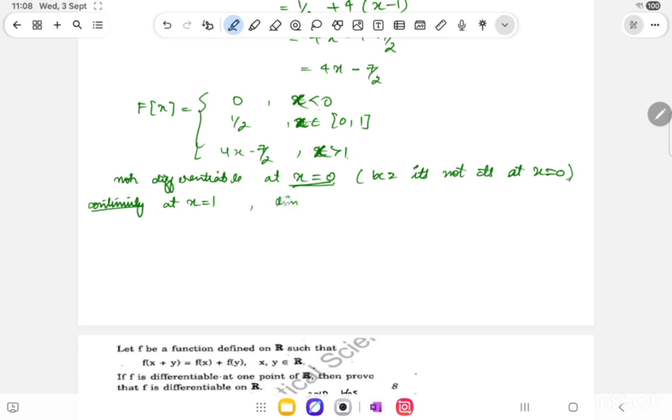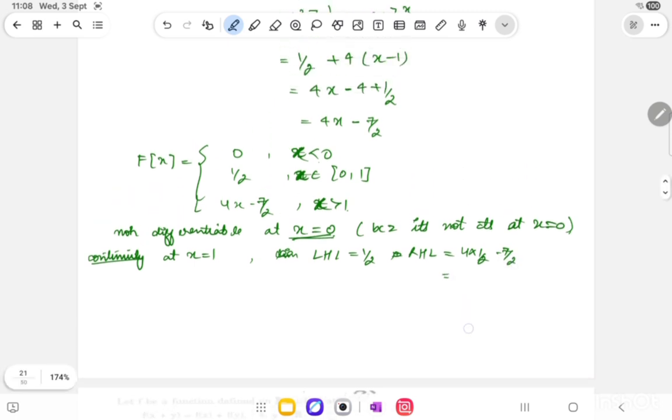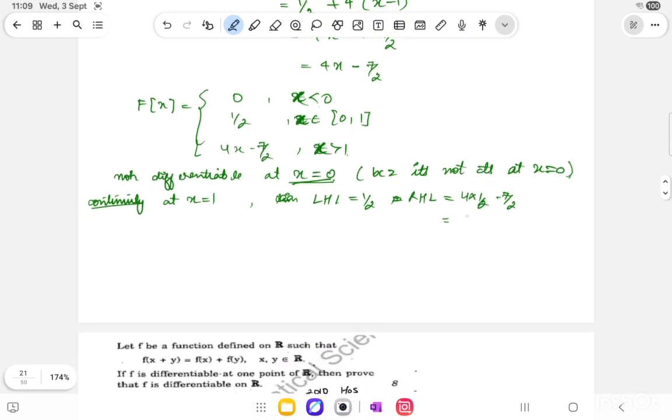The left hand limit is basically 1 by 2 and the right hand limit is basically 4 into 1 minus 7 by 2, that is 4 by 2, that is 2 minus 7 by 2, that is minus 3 by 2.